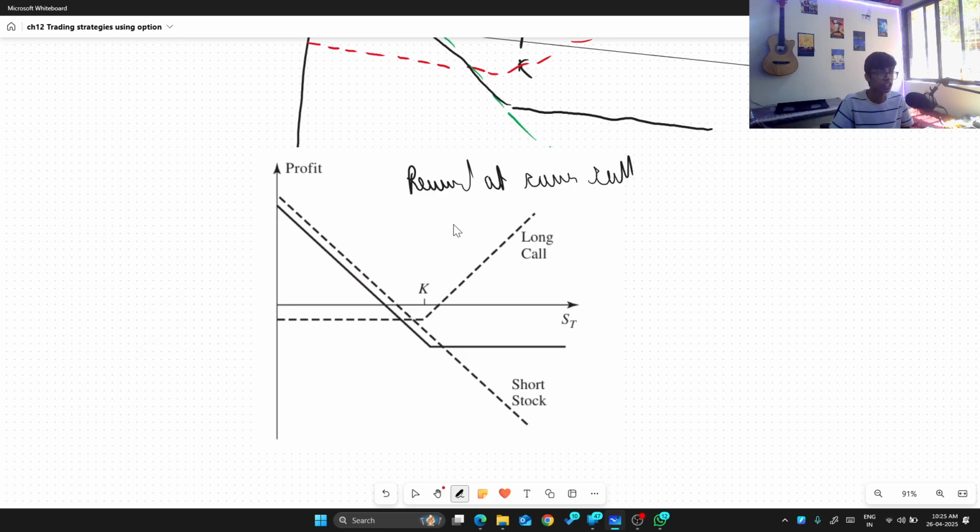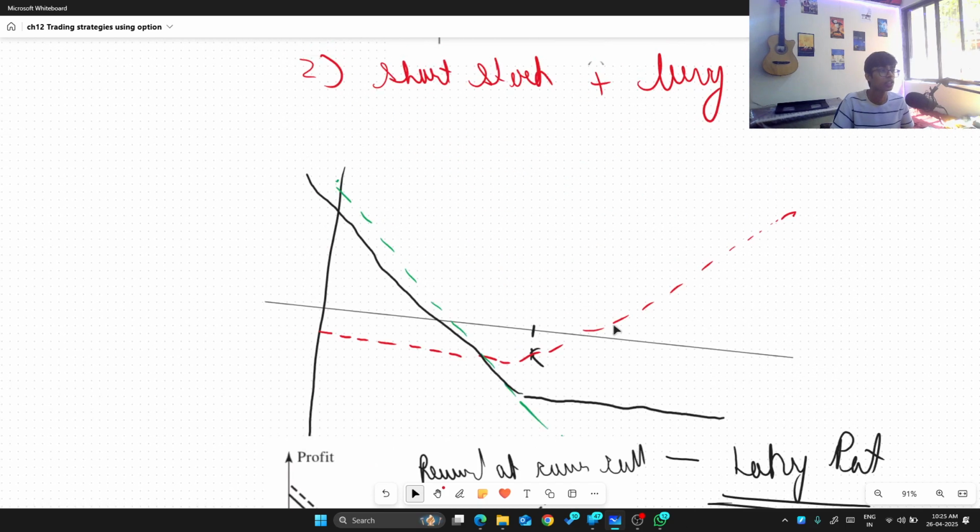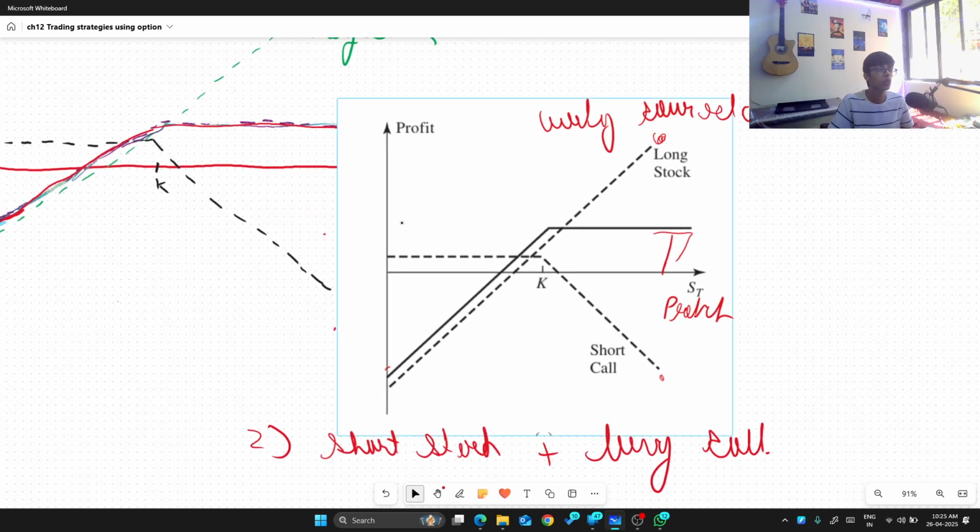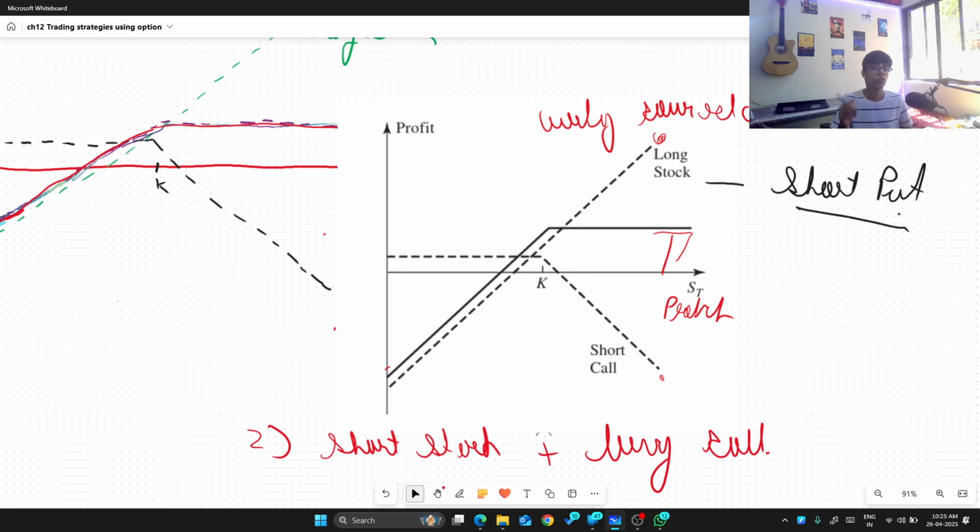Or if you see carefully, it is like we are in a long position, long call, long put. So we have a long position in put. It is similar to long put. And if we see it here, you can see it is like a short put. So we can artificially create a long put, short put with a combination of underlying stock and option.